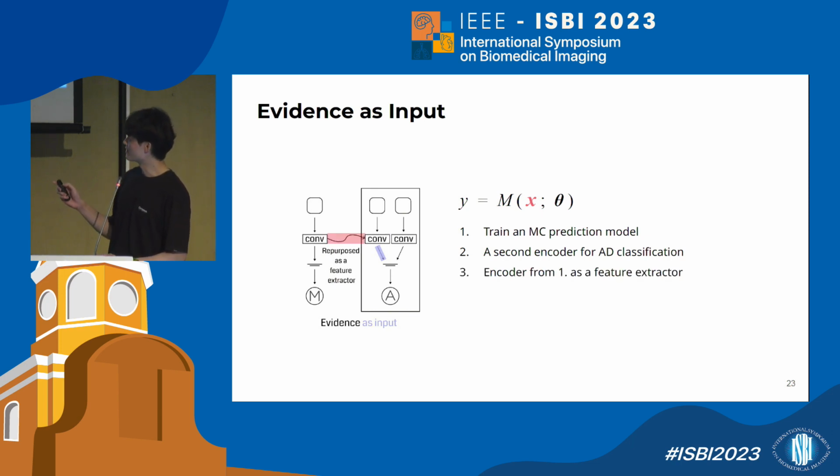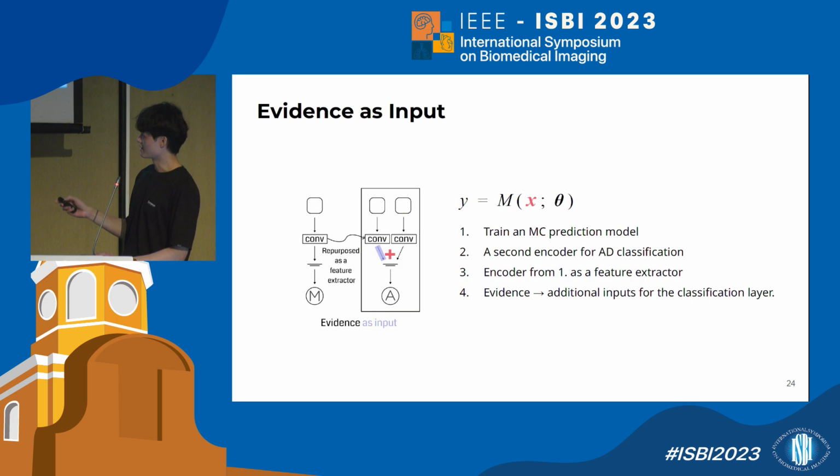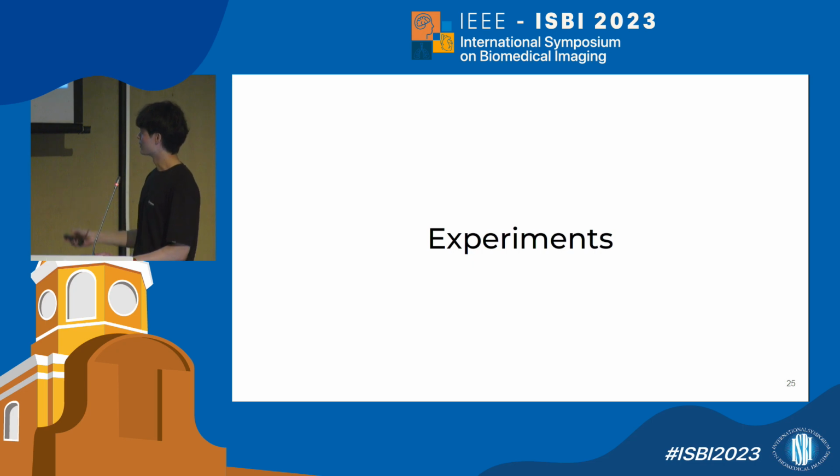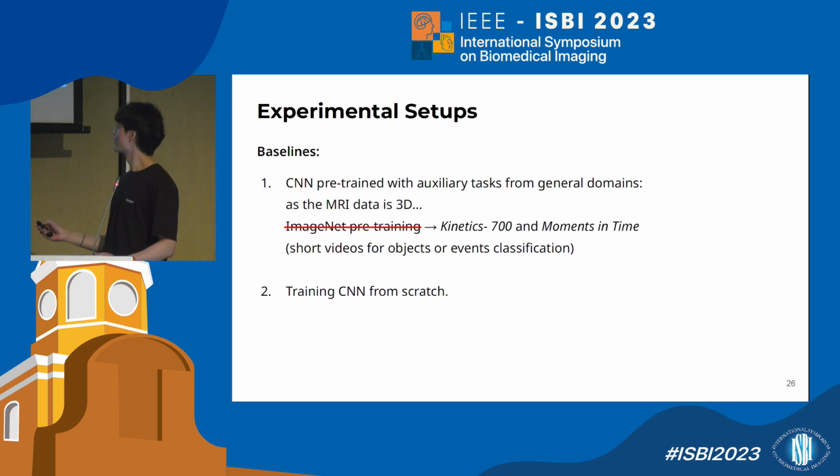We reuse the encoder for MC prediction as the feature extractor, which extracts the evidential knowledge. And we concatenate the evidential knowledge and the features from the second encoder as the input for the classification layer. Then, the extractor and the second encoder are jointly trained to minimize the loss for AD detection. Now let's move on to the experiment.